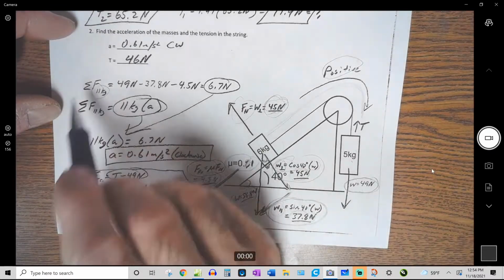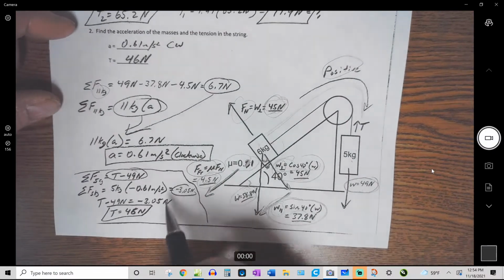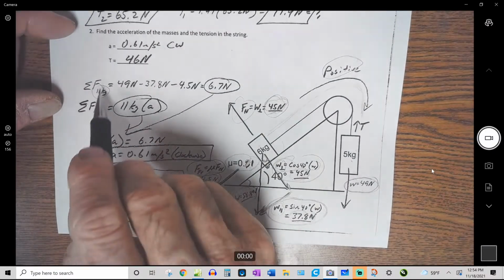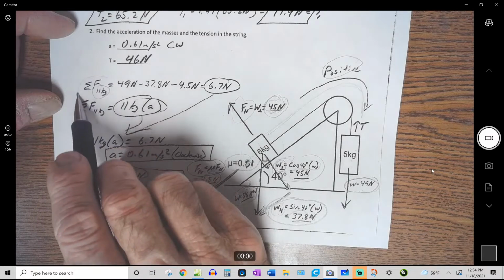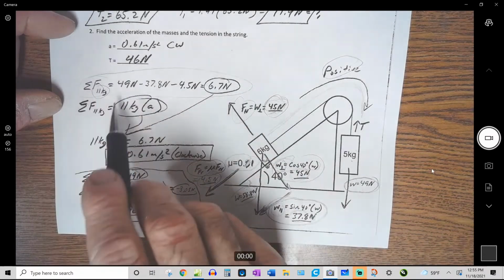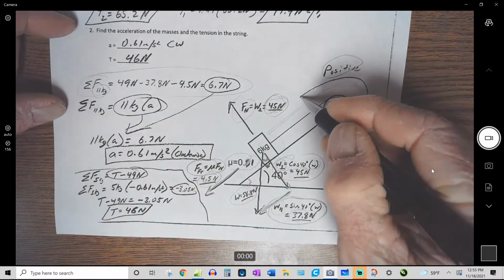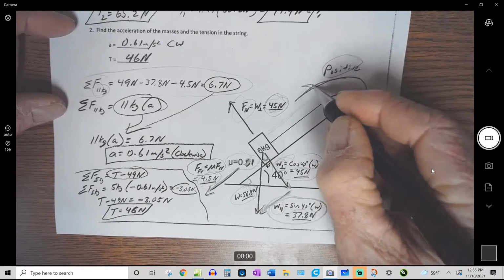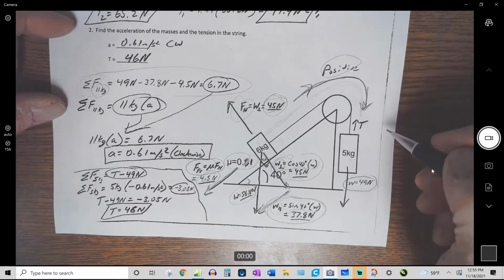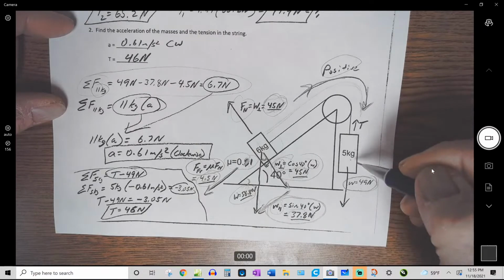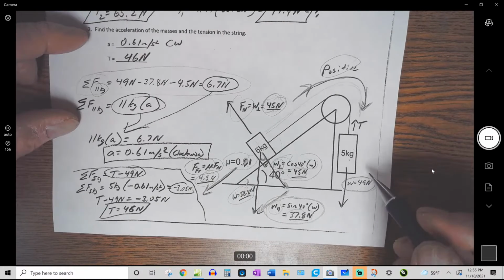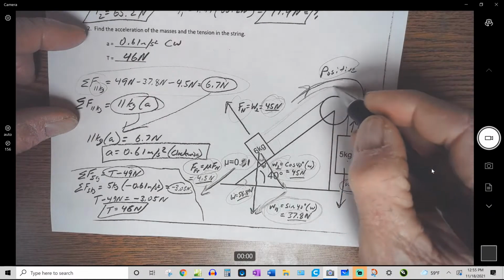All right, so now I'll start writing some equations for net force. This is the equation for the entire system. That's useful for finding the acceleration of the whole system. So the net force of the whole system is all the forces added up. I'm considering anything either uphill or down over here to be positive. It's kind of weird, but that's the way it is. So I'm going to say this is a positive force because it's pulling things this way.